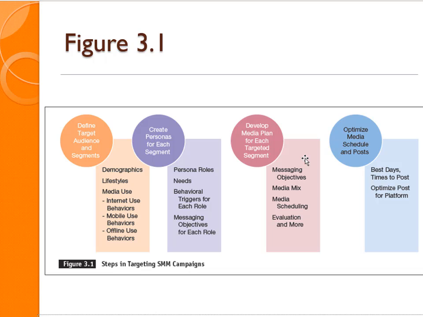So that's part of this media plan for each targeted segment. The media mix would mean, what sort of things are we going to use? We're going to use the internet, but within the internet, are we going to use Facebook, Twitter, Instagram, Snapchat, or some other social media application?